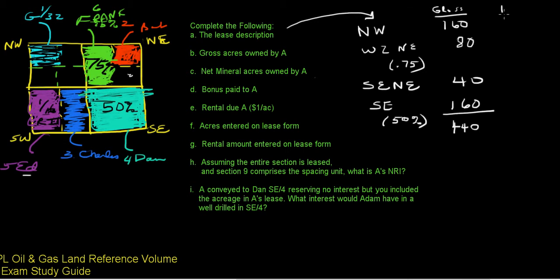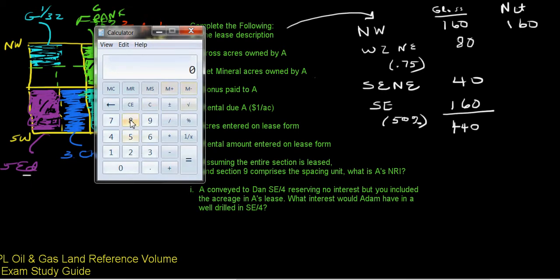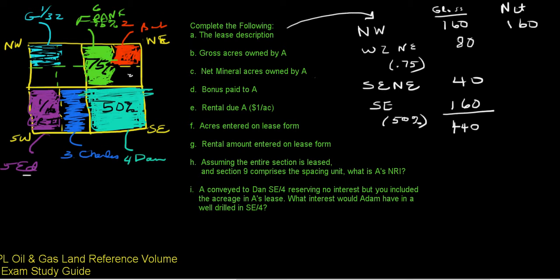To calculate the net acres, now we're going to add in these mineral interests. So Northwest, Adam still owns that 100%, so that's going to be 160. But he only owns the west half of the Northeast 75%. So we're going to go 80 times 0.75. And that's going to be 60 acres. So they only owned 60 net acres because they only owned 75% of the acres.